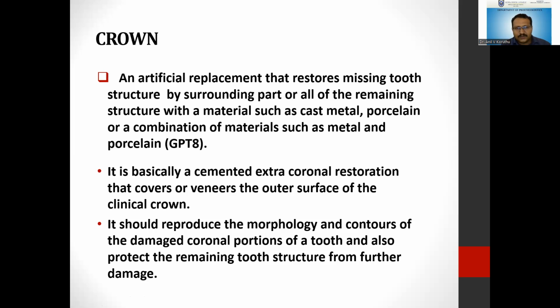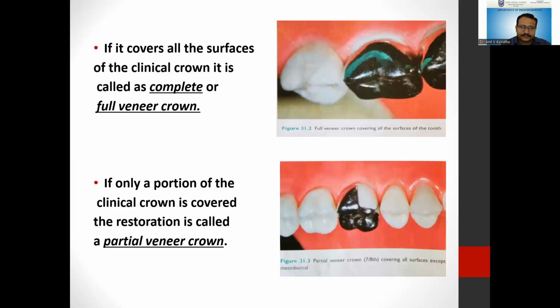This is according to GPT-8. It is basically a cemented extracoronal restoration that covers or veneers the outer surface of the clinical crown. It should reproduce the morphology and contour of the damaged coronal portion of the tooth and also protect the remaining tooth structure from further damage.